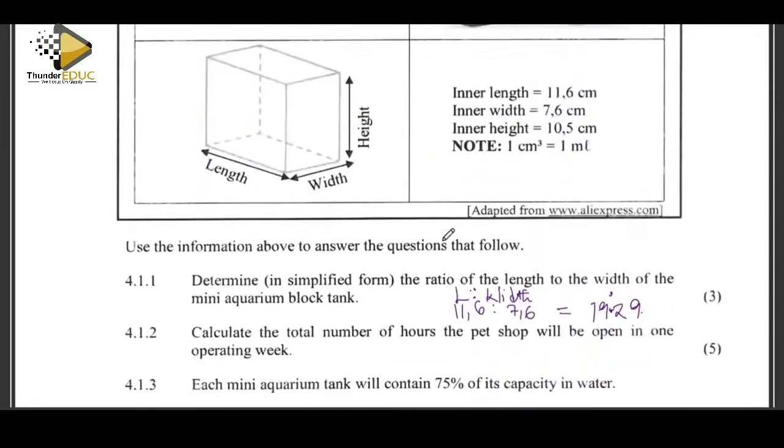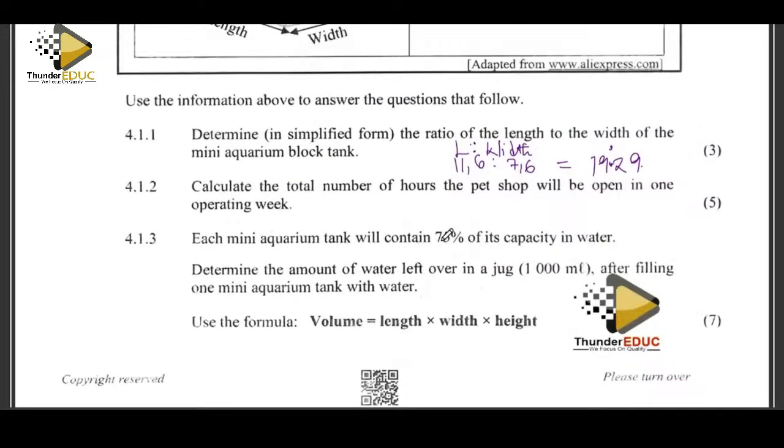Let's look at 4.1.3. Calculate the total number that will be done. Each mini aquarium will take 75% of its capacity in water. Determine the amount of water left over in a jar of 1,000 milliliters after filling one mini aquarium. So first and foremost, you need to find the volume that is there at the moment.